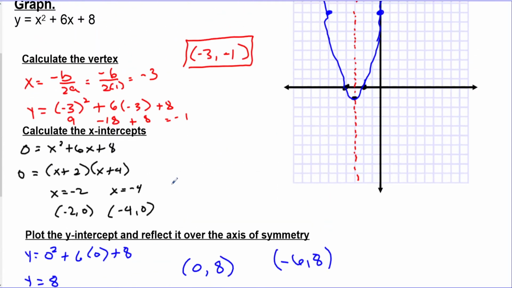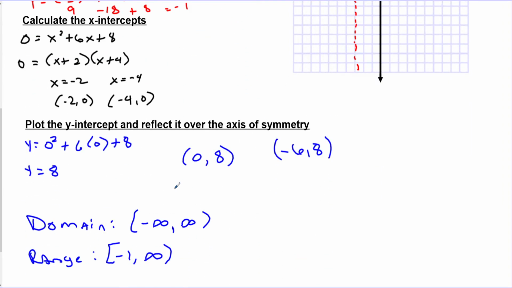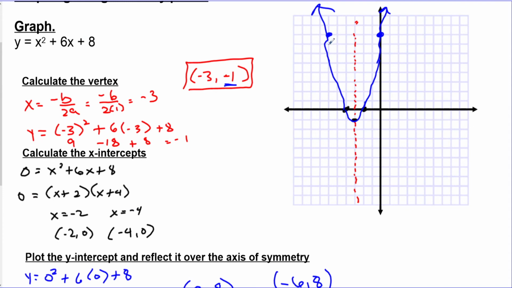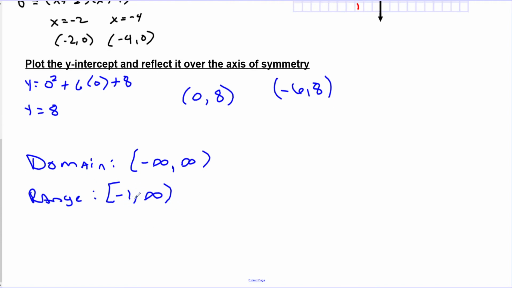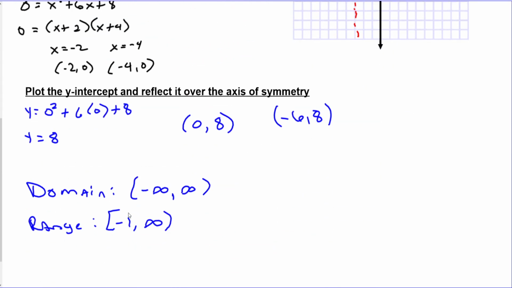Okay, and if you notice, and this is not a coincidence, the y value is -1. My range is restricted at -1, right? That is the turning point. That is where it's at its minimum, and then it turns around and goes back up, okay? So this range number will always be associated with the y value of the vertex because that's literally the lowest point on the graph, and that's going to be reflected in this range value, okay?